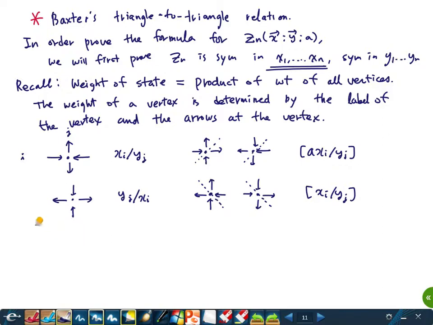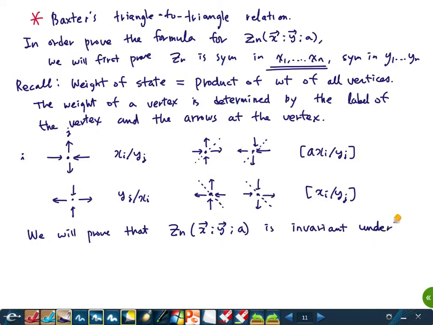So we will prove that Zn is invariant under exchanging xi and xi plus 1, just adjacent variables.